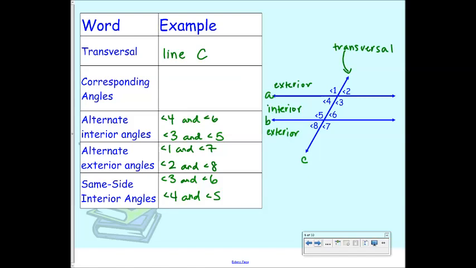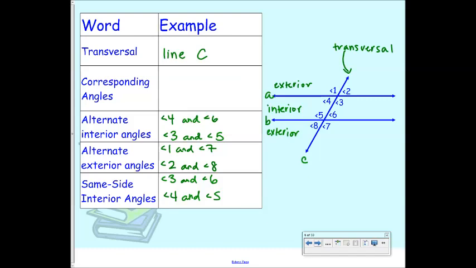Corresponding means in the same position as. So what Martin said is right. One's interior, one's exterior, but they're basically in this set of 4 and this set of 4, they're in the same spot. So 1 corresponds to 5. 2 then would correspond to 6. 4 corresponds to 8, and 3 corresponds to 7.